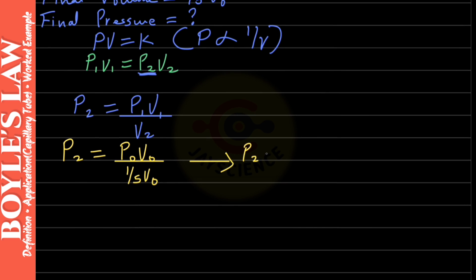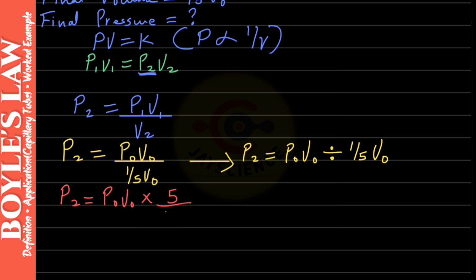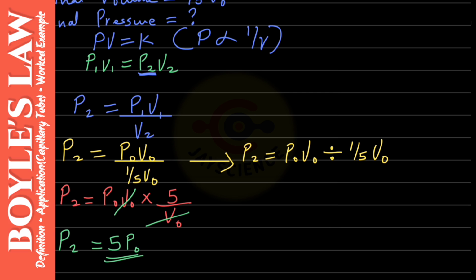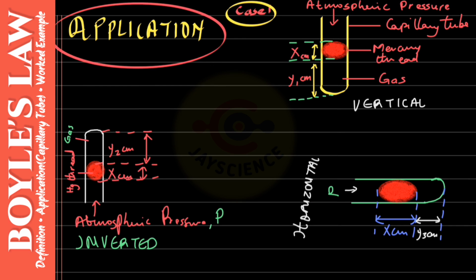So we can write this as P2 equals P naught V naught divided by 1/5 of V naught. That is P naught V naught multiplied by 5 over V naught. Let's just cancel out the repetitions, and we're left with 5P naught. So we can say that the final pressure is 5P naught. So that's our answer.